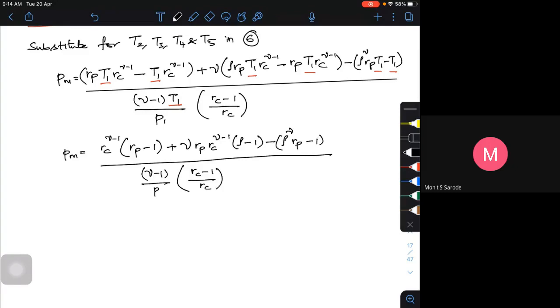This is the expression I have. Further simplification I can do.